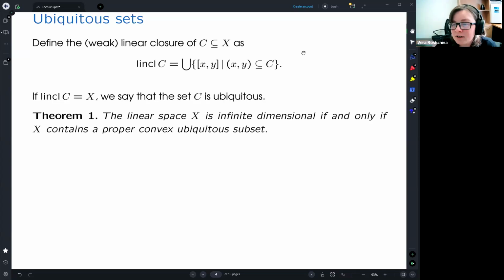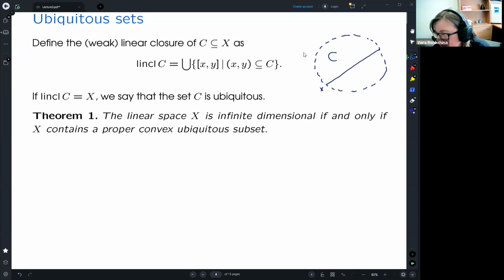So we can define this weak closure like this. If I take any convex set, let's think finite dimensionally, this convex set is not closed, right? So say the boundary is not part of this convex set. And then what I do, I take all intervals inside this convex set.